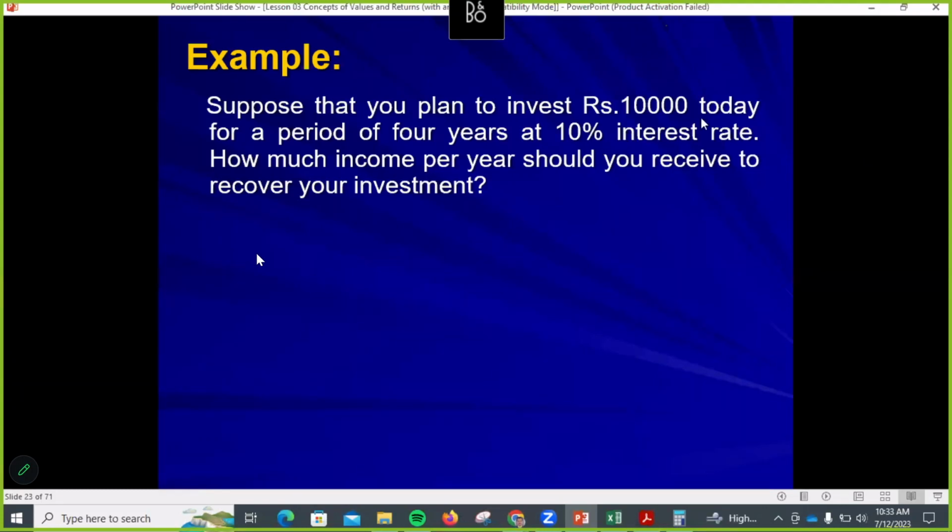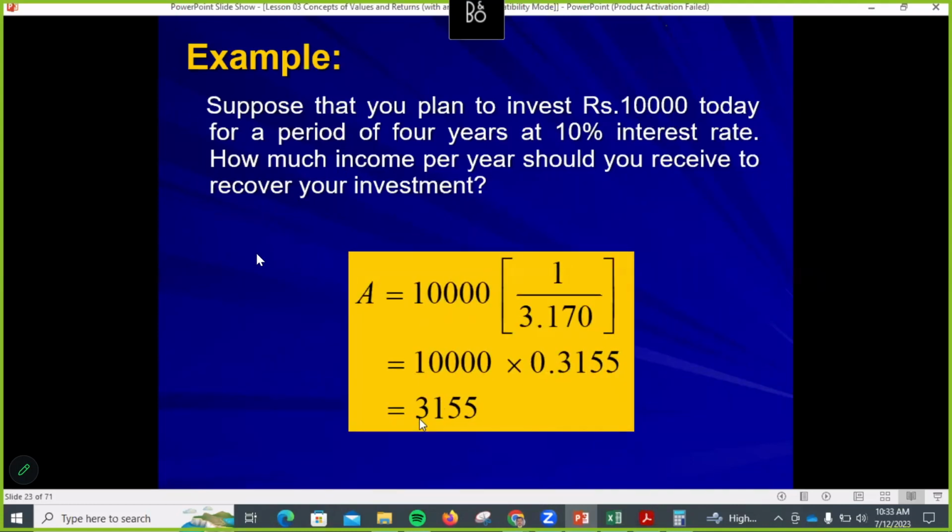Every year you are going to earn only 1,000 rupees. So how much income per year do you want to recover your 10,000? So 3,155 rupees is the answer.